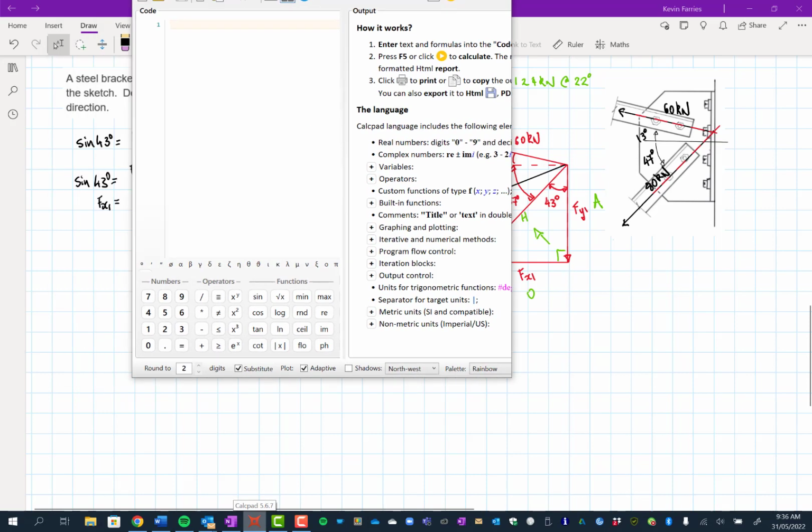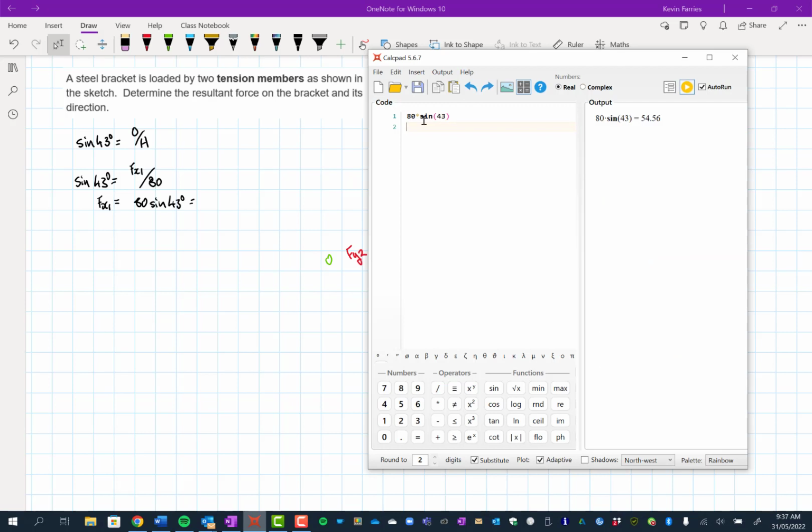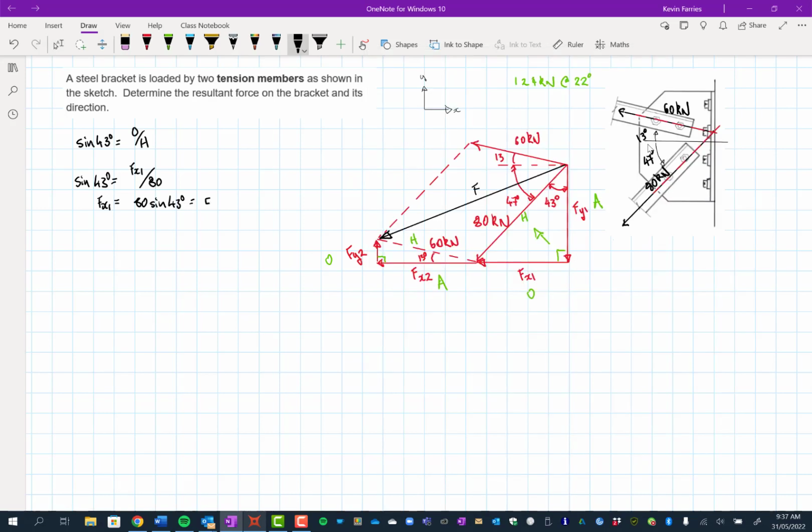Let's get the calculator. So it's 80 times sine 43 degrees, which is 54.56. I'll keep the four significant figures for now, because we'll be combining these, so we want to keep it pretty accurate. So 54.56 kilonewtons.